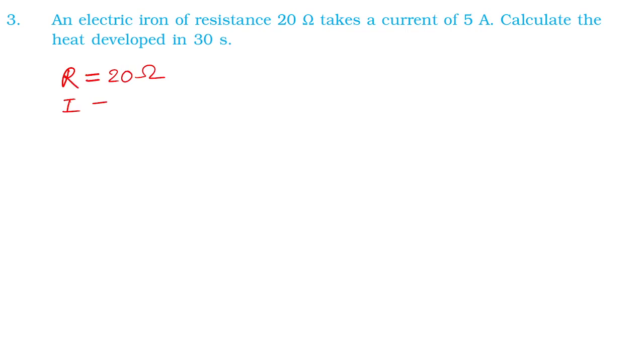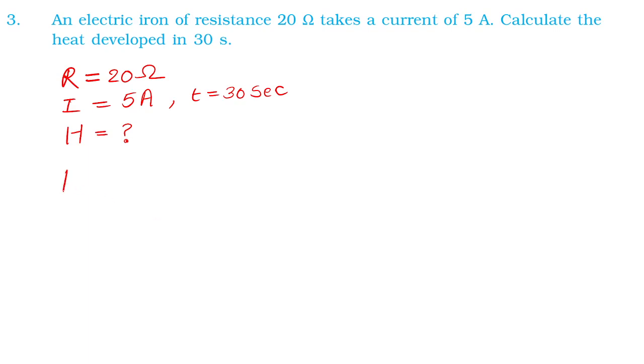Current is 5 ampere. The heat developed in 30 seconds is our question. During 30 seconds, how much total heat energy is developed by the electric iron?